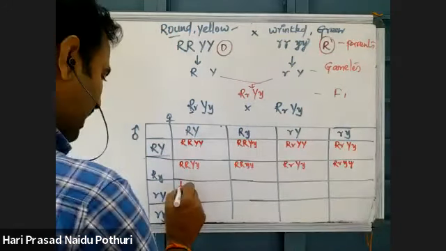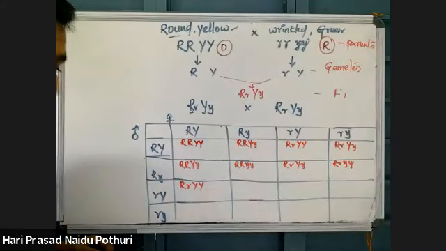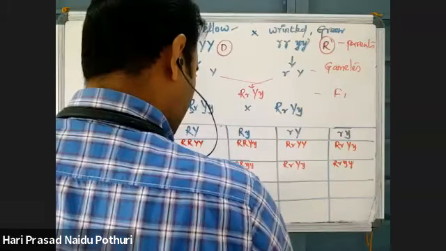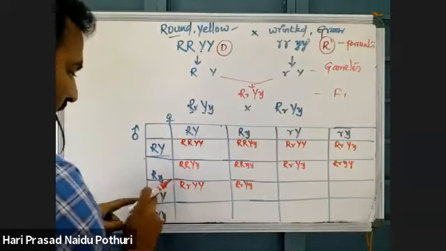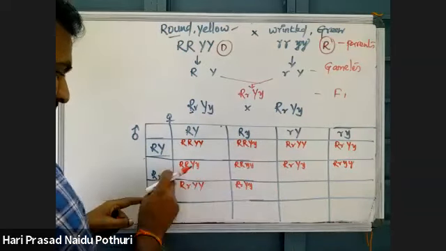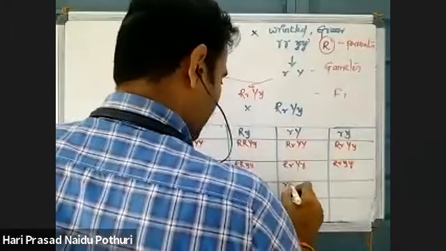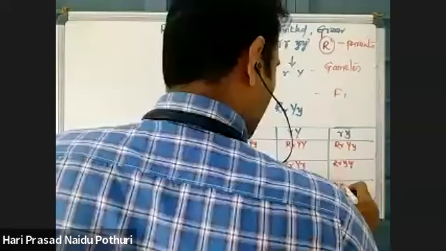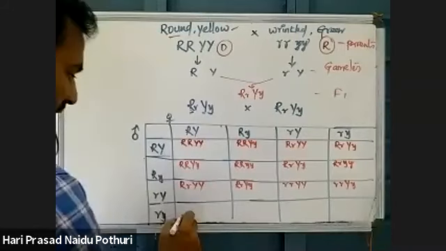Next, capital R, small r, capital Y, capital Y. Now, capital R, small r, capital Y, small y. See this combination. Next combination, small r, capital Y, capital Y. Small r, capital Y, small y.